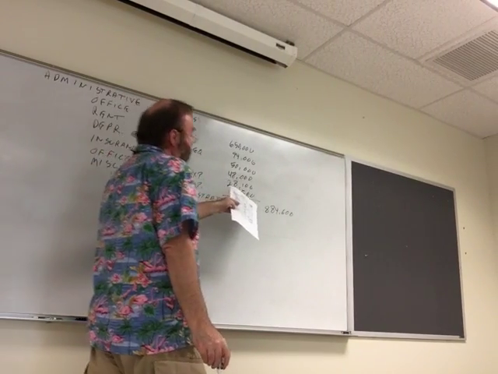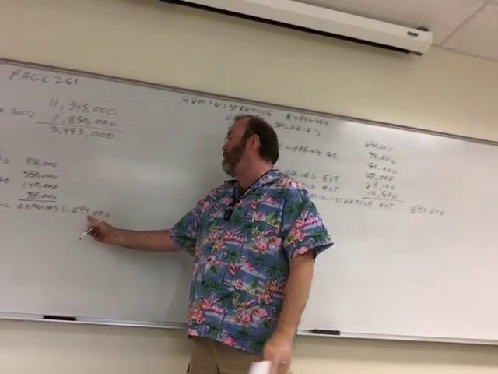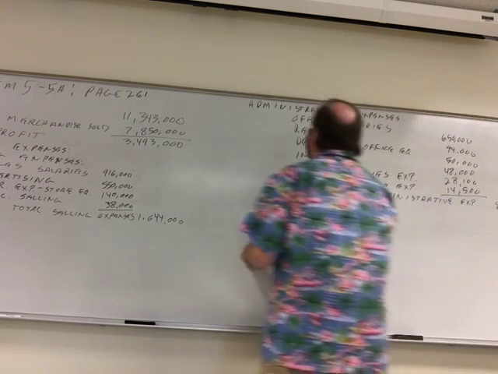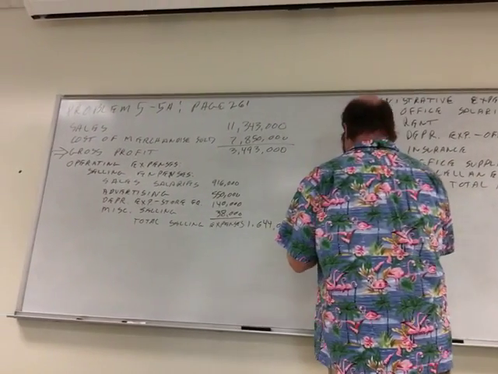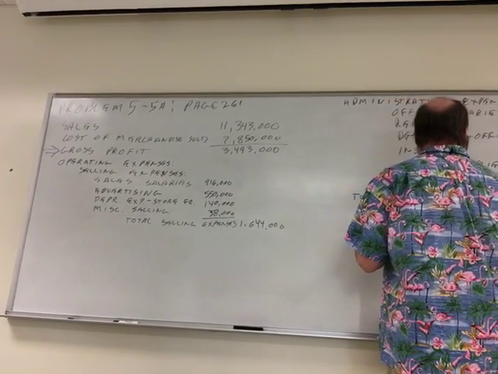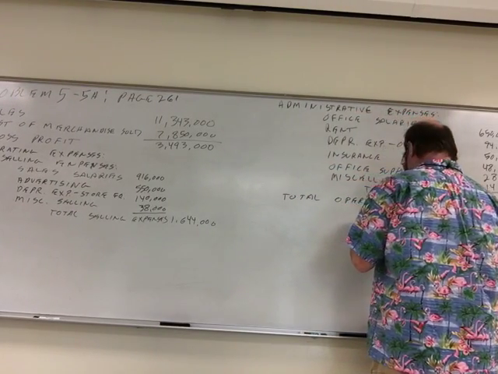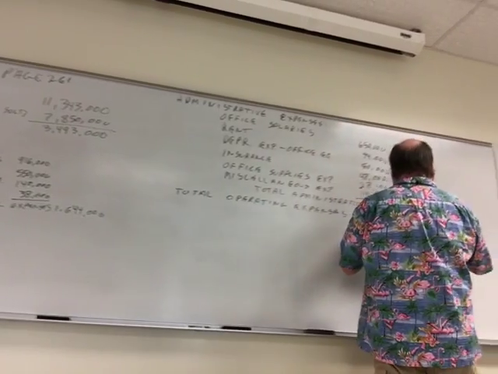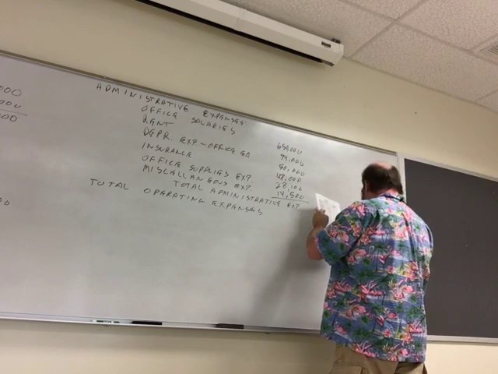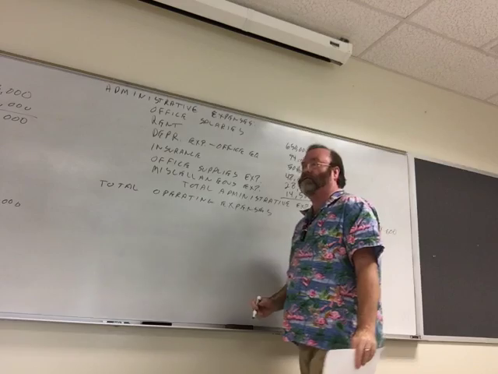Add that $884,600 to the $1,644,000 of total selling expenses, and you get total operating expenses of $2,528,600.